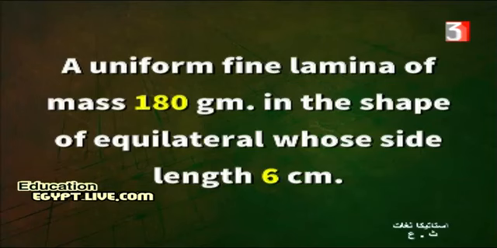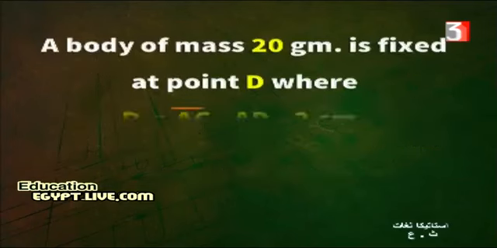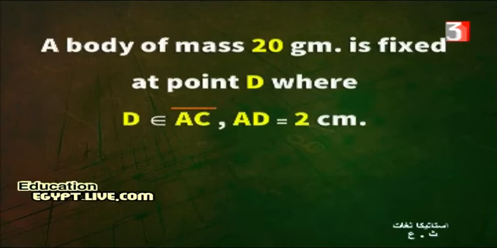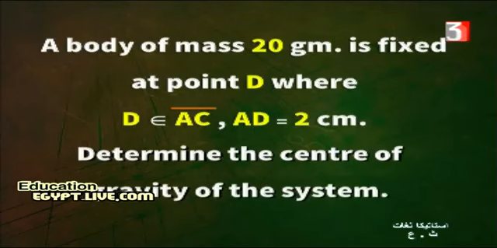This is called the given. A body of mass 20 gram is fixed at point D, where D belongs to the segment AC and AD is 2 centimeter. What is required? The center of gravity of the system. How do we determine the center of gravity of the system?